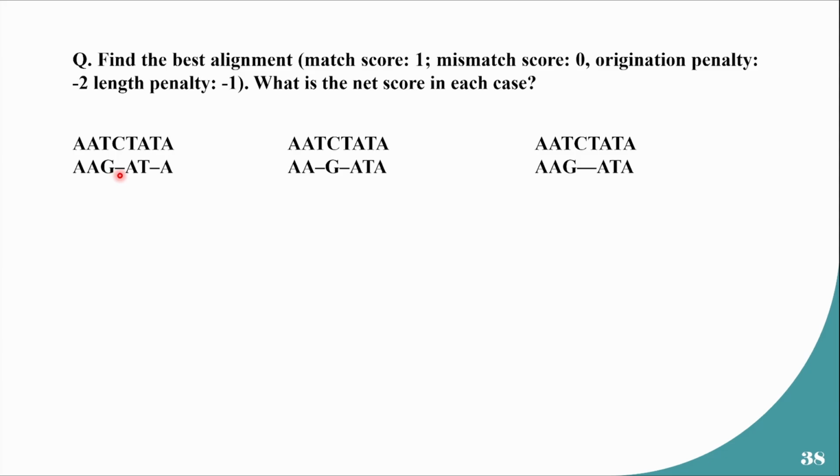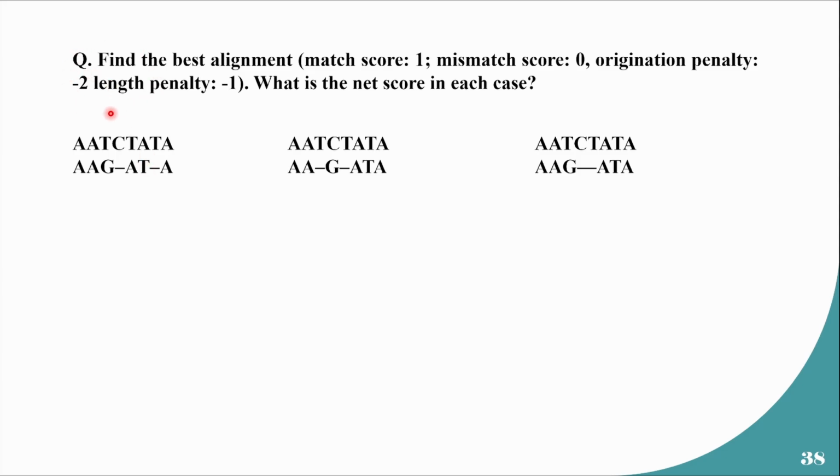So for example, in the first one, you are seeing one gap is present here, and then after that you are finding some sort of alignment here, right? AT here, and then just after that another gap is introduced. So this introduction of multiple gaps which are not subsequent, at different places, will be less favorable.